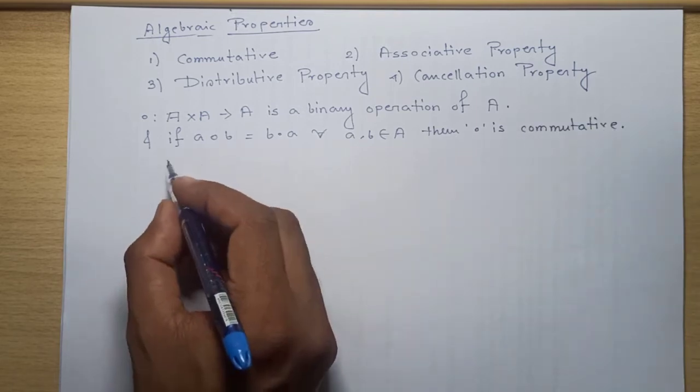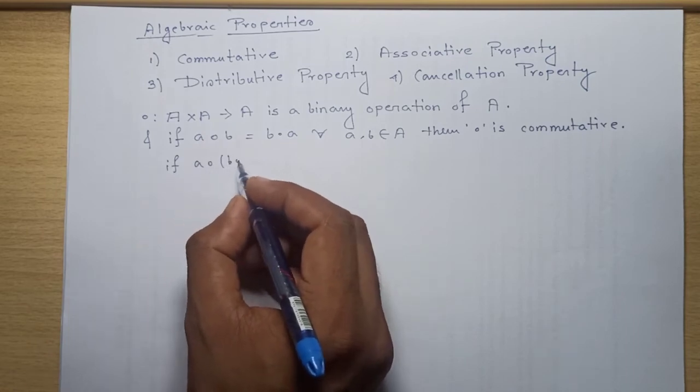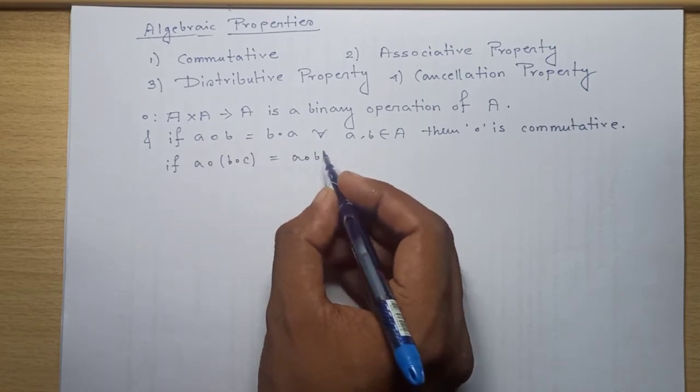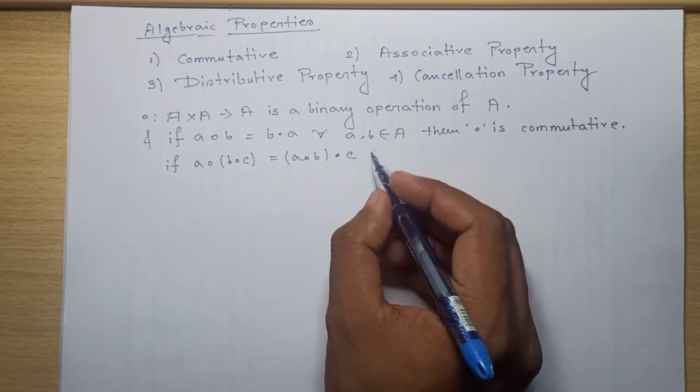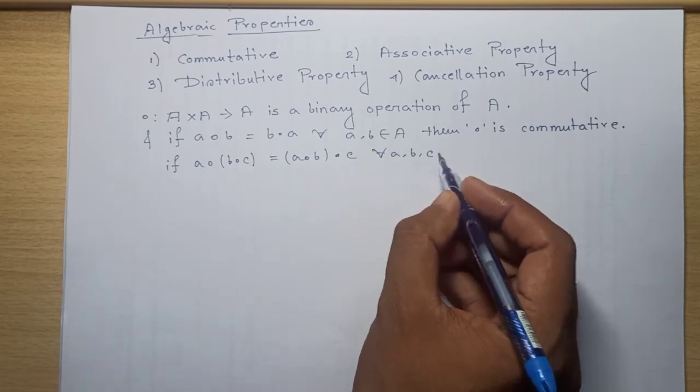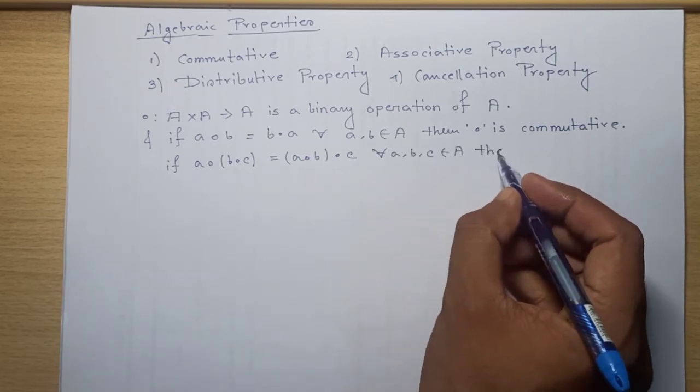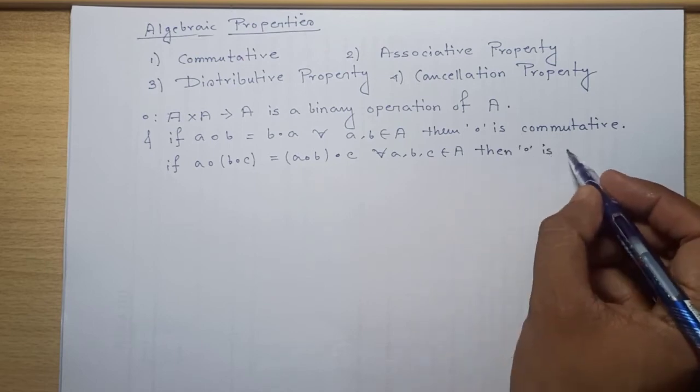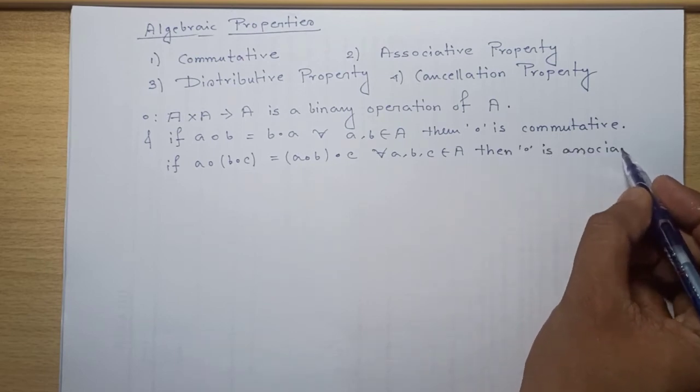If (a compose b) compose c equals a compose (b compose c) for all a, b, c belonging to capital A, then compose is associative.